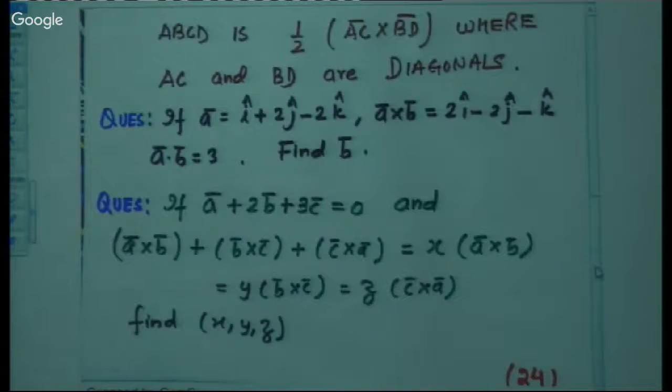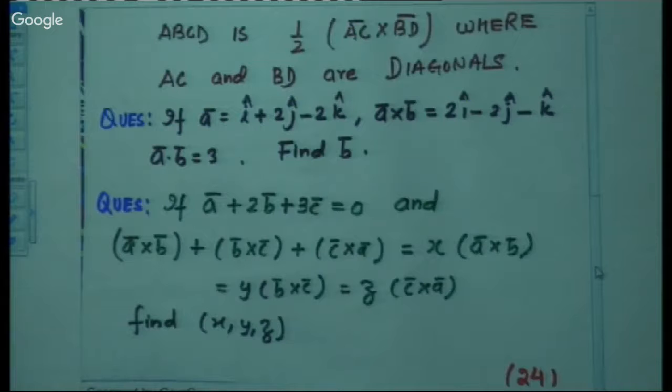So I can say i is equal to 2z plus 2y, minus j, z plus k, alternate plus minus, okay, is equal to 2i minus 2j minus k.